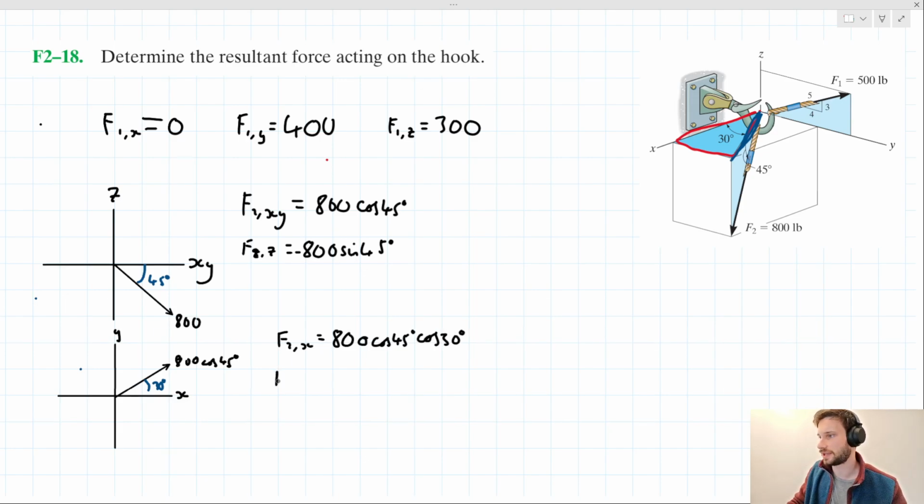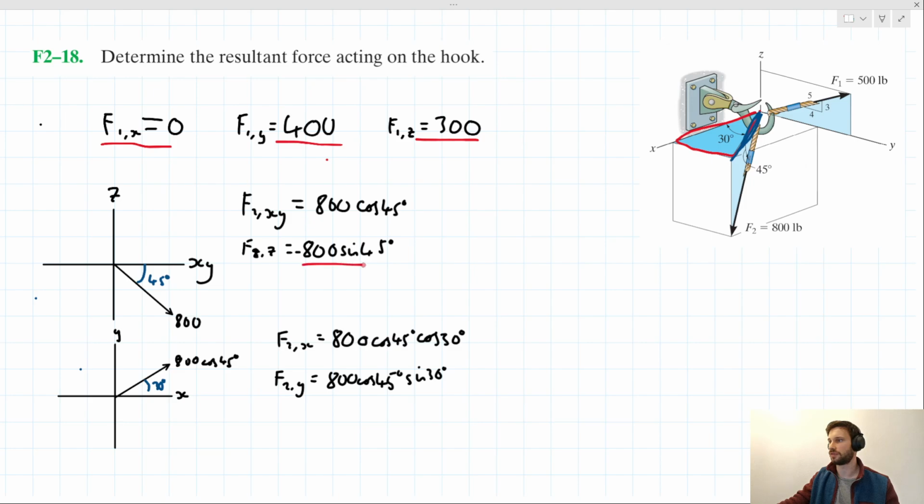And we can say its y component is going to be 800 cos 45 sine 30. Simple stuff.